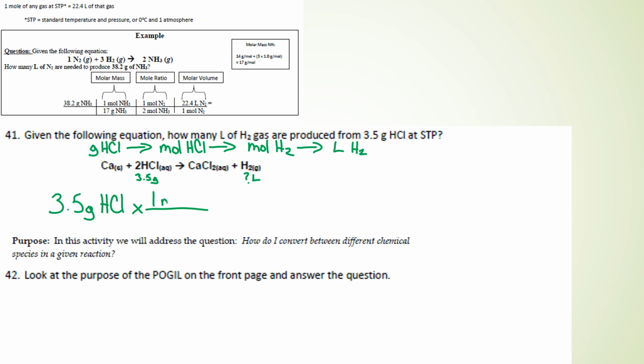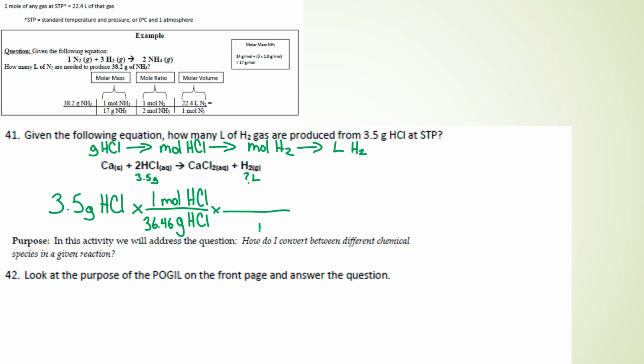For every 1 mole of HCl, chlorine is 35.45 grams per mole, and hydrogen is 1.01 grams per mole, so that is 36.46 grams per 1 mole.